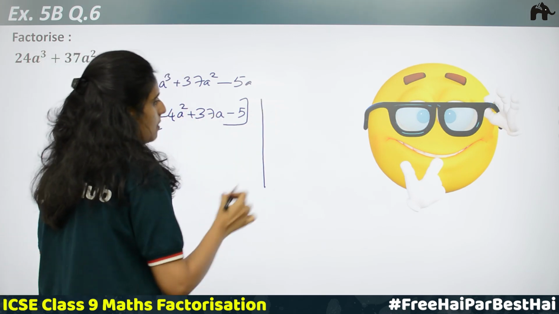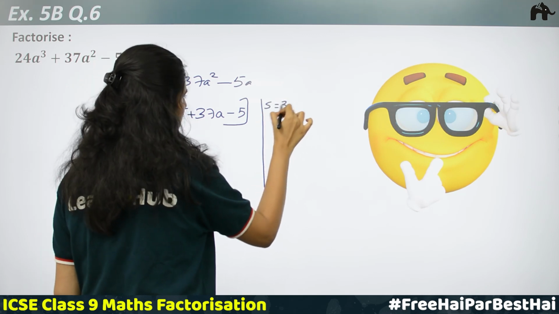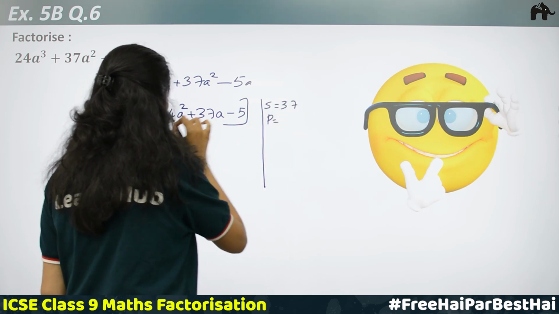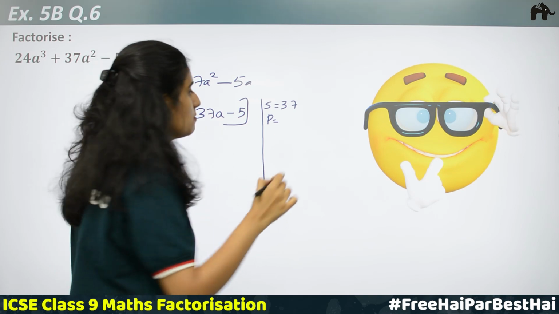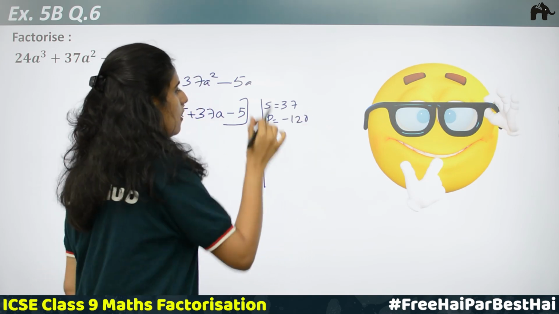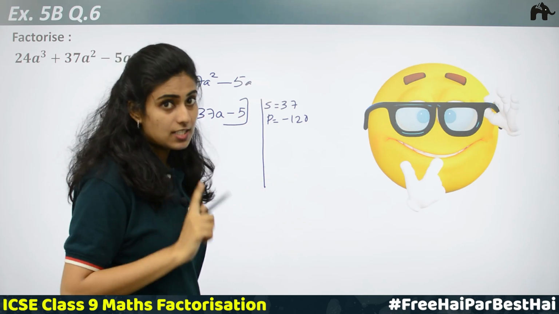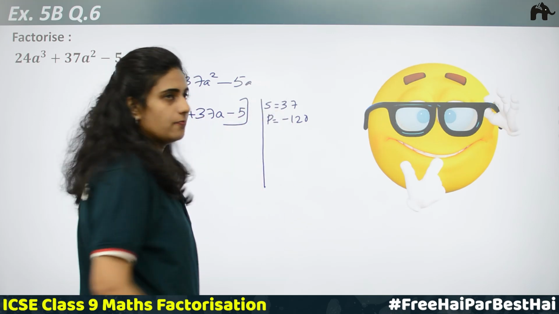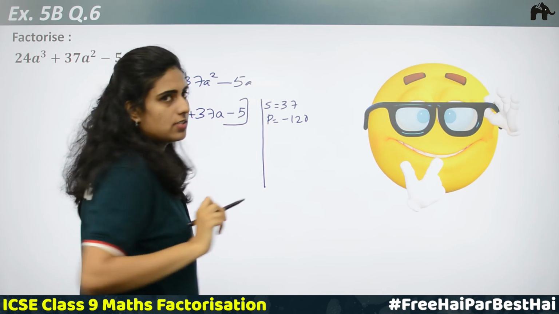Here what should be the sum? Sum should be equal to 37 and product should be equal to 24 into minus 5, which is minus 120. Product negative, sum positive, which means of the numbers chosen, one number is negative but the greater number will be positive. Only then will the sum be positive.